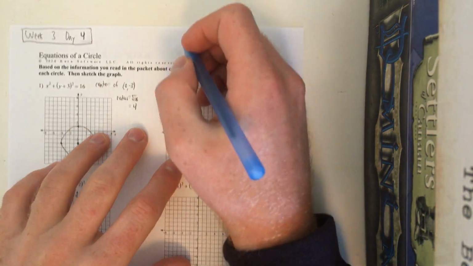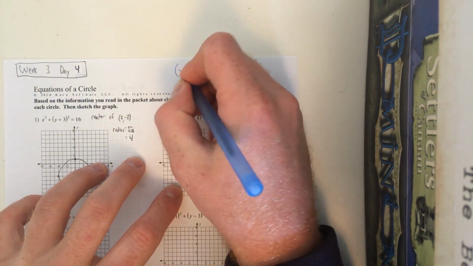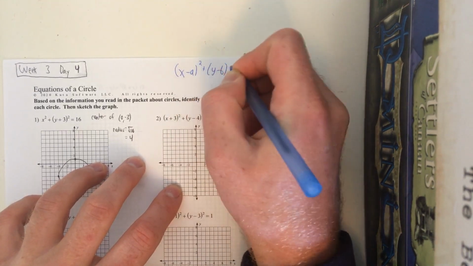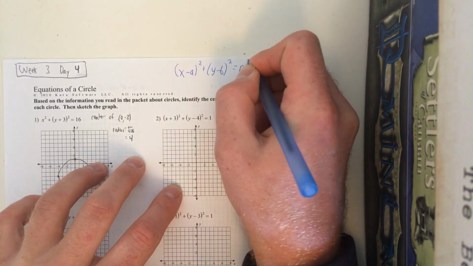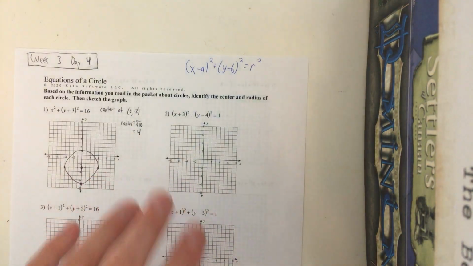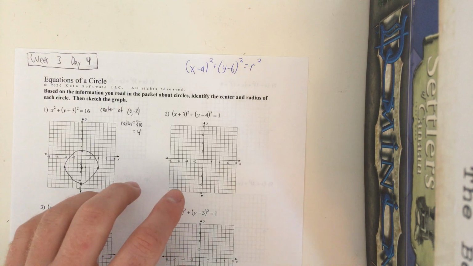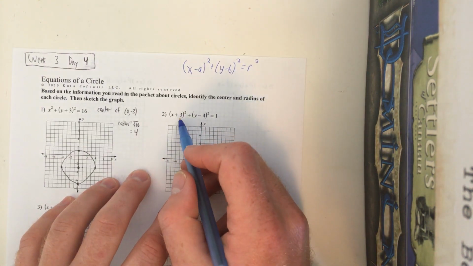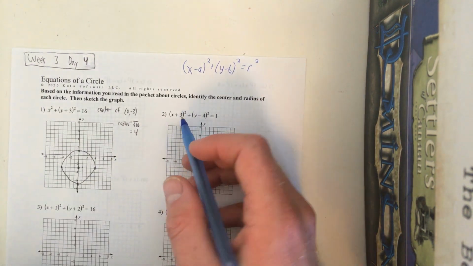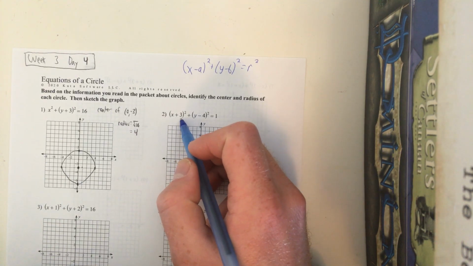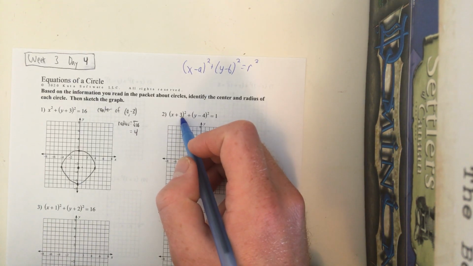So I will once again at the top write down the equation (x - a)² + (y - b)² = r². This is the equation that we're going to be using for a circle. So how can I figure that out here? Well, my a in this case is going to be negative 3.